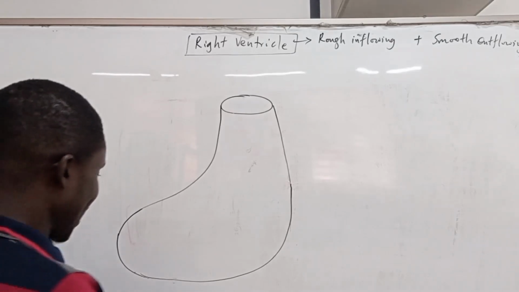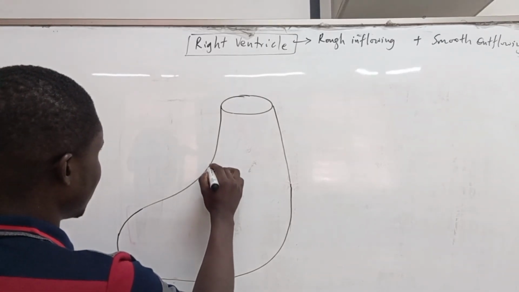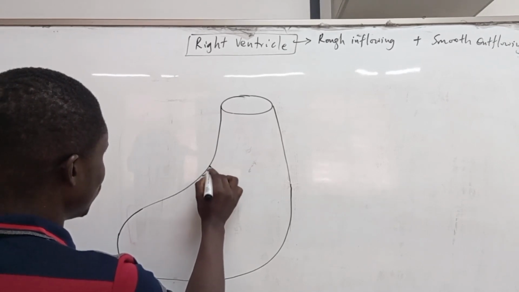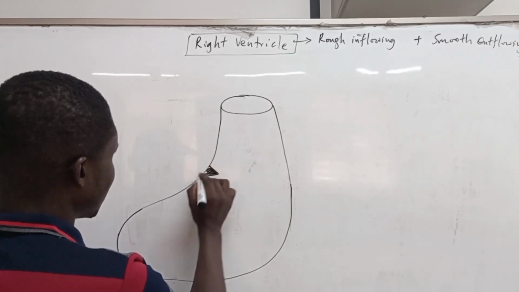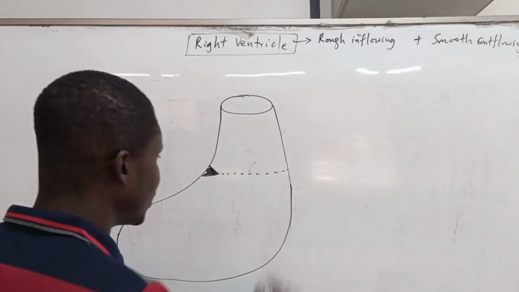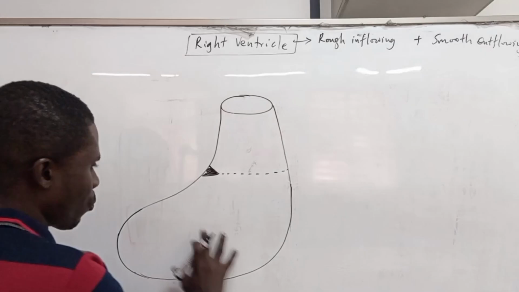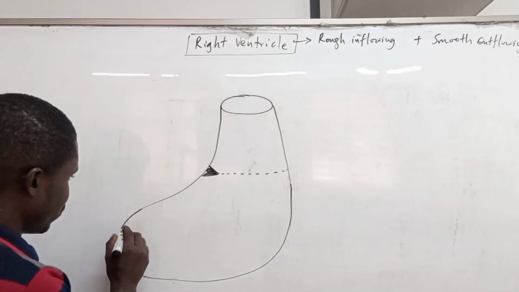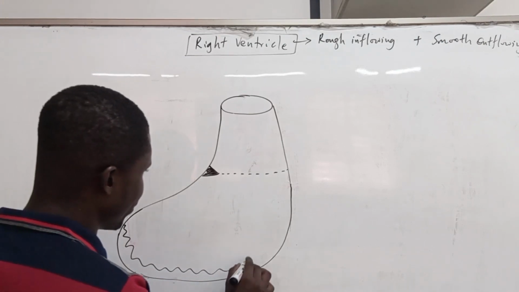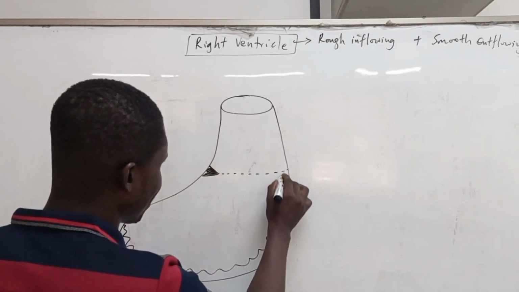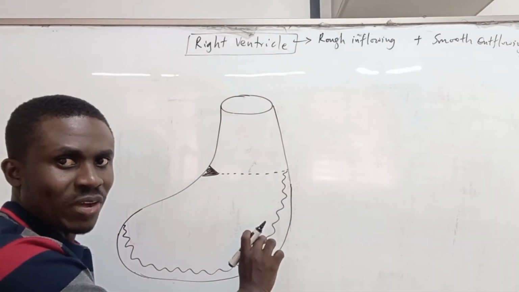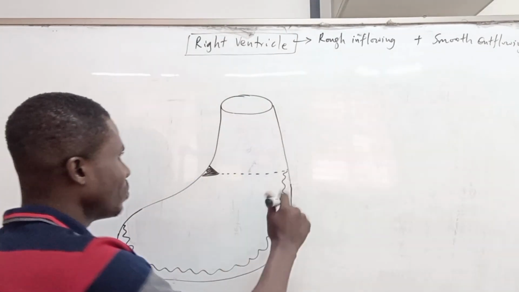So let me take it that this is the connection which will be separating the smooth, so that this portion becomes the rough inflowing part. And then this portion, we don't have the rough one that I'm trying to show over here. So this one becomes the smooth.